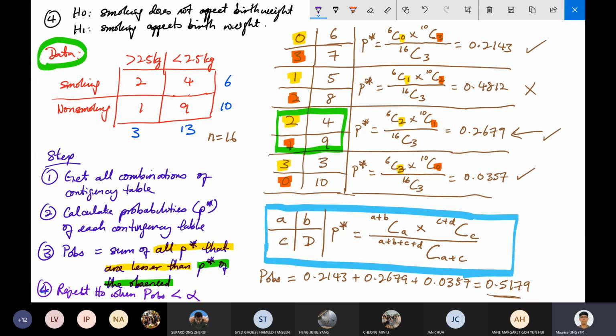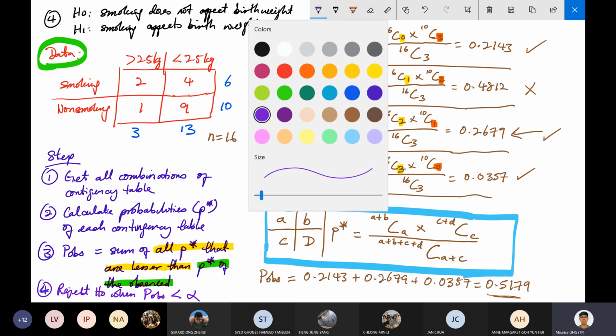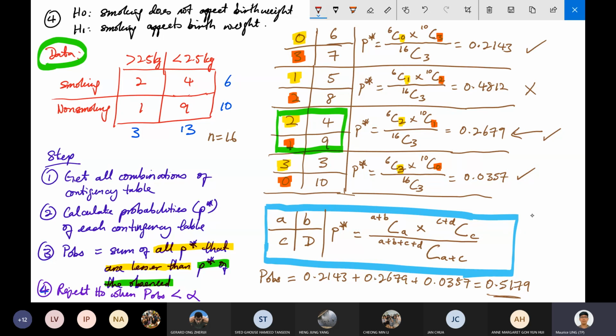So do you accept or reject null hypothesis? Accept, correct. So the conclusion is you fail to reject, which means you accept the null hypothesis, that smoking doesn't affect childbirth weight. Okay, so that's how you do your Fisher's exact test.